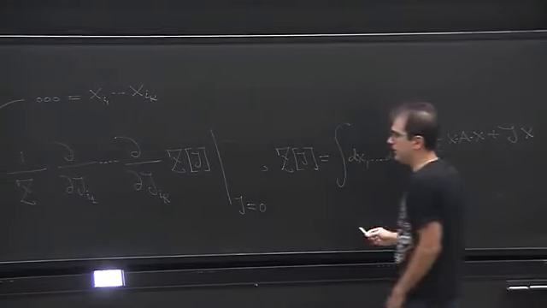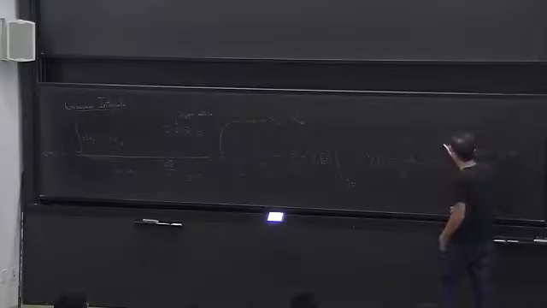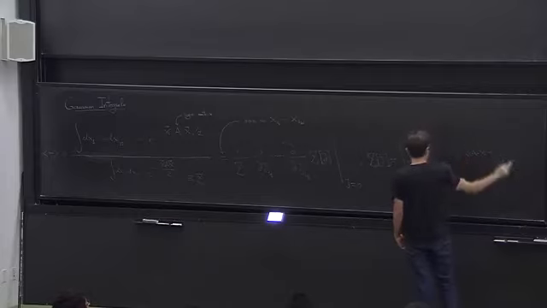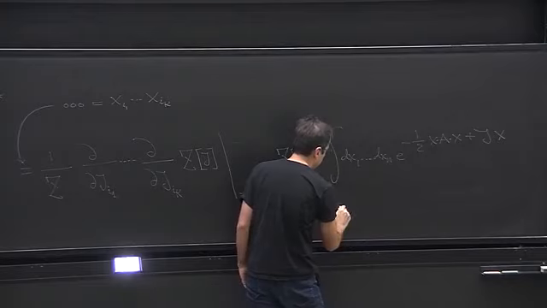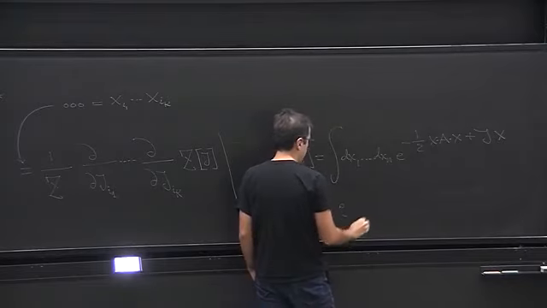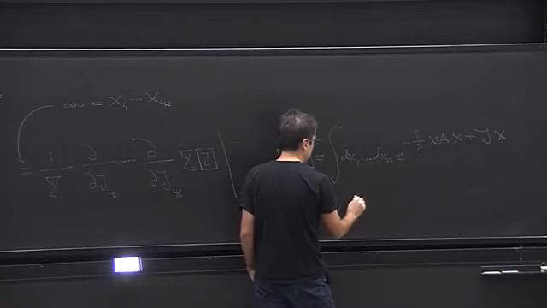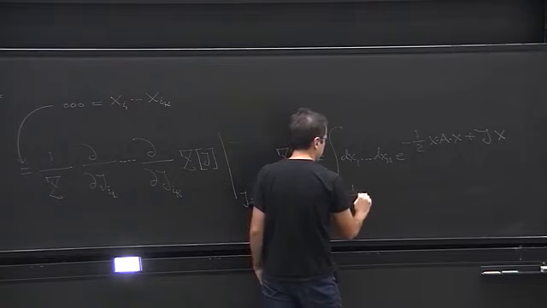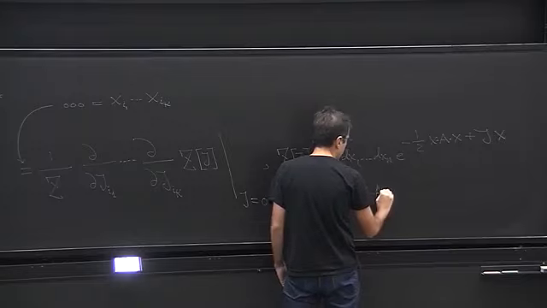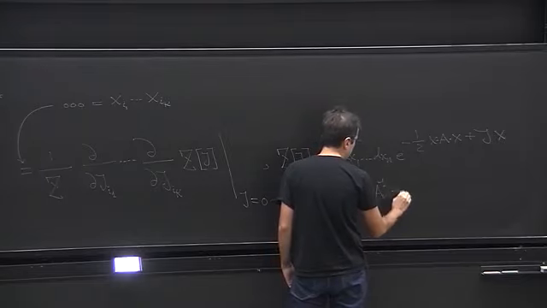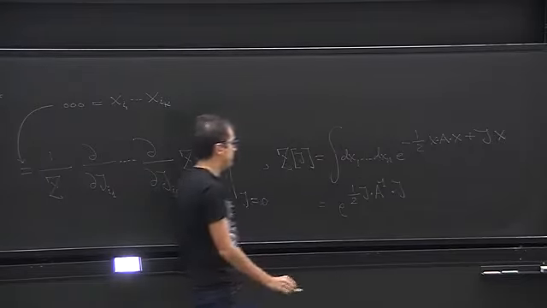And now the basic idea was that I could compute explicitly this object, and the explicit computation gives me a number. That number is not very important, but what's important is it gives me the exponential of 1/2 j dot a minus 1 dot j.